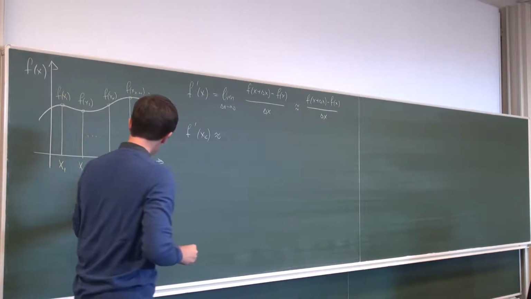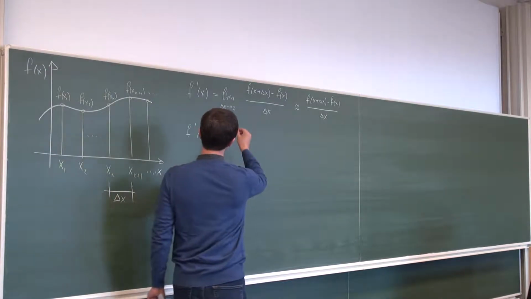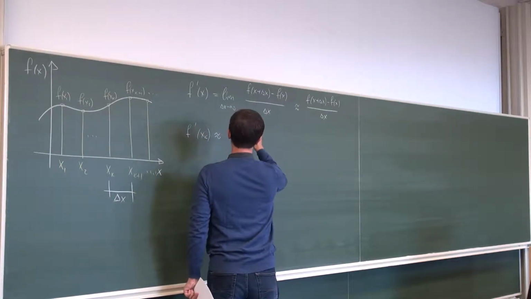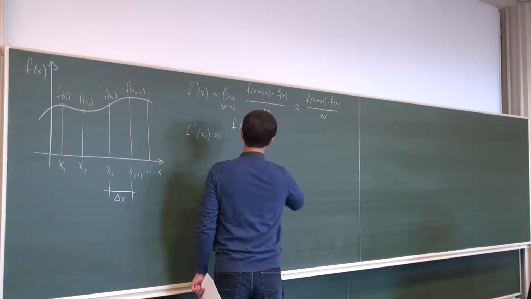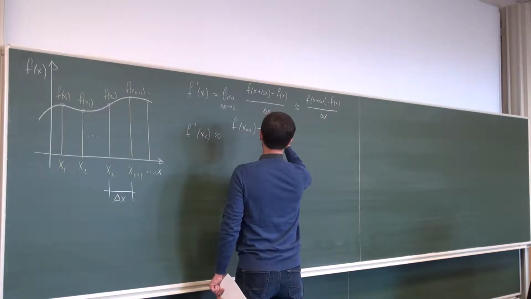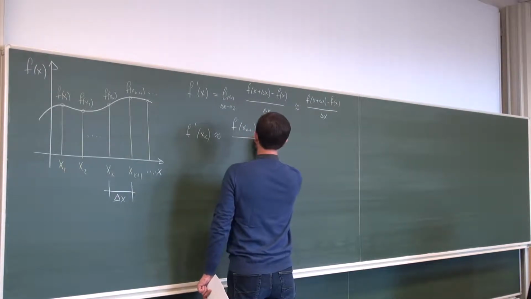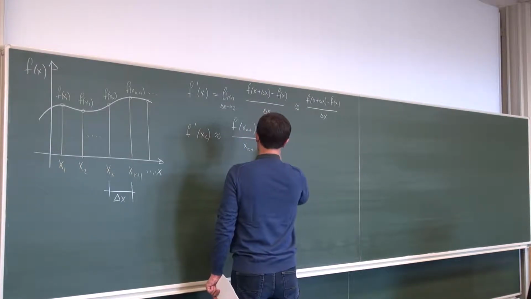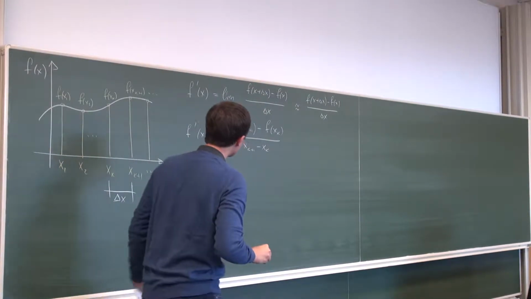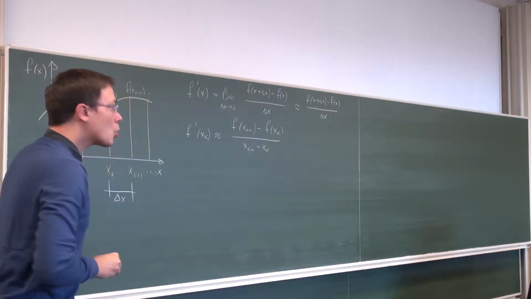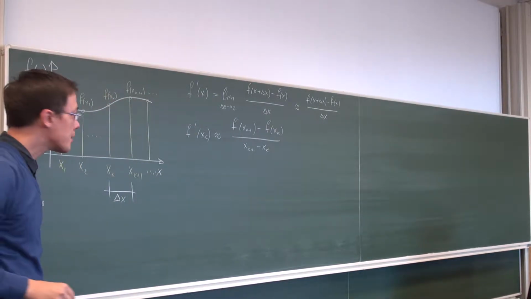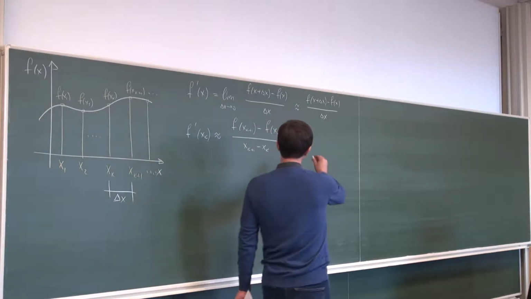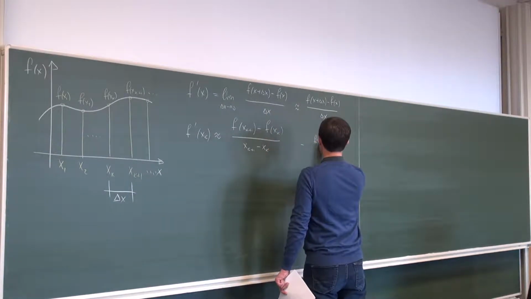So the next point, xk plus 1, minus the original value, xk, divided by xk plus 1 minus xk. So essentially delta x. This is called a finite difference approximation.